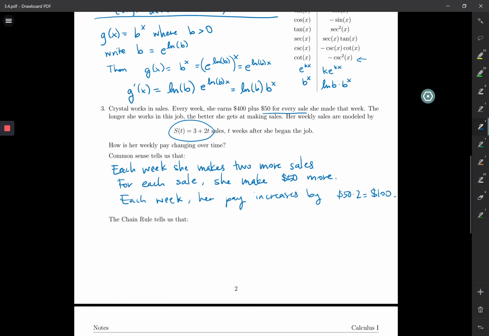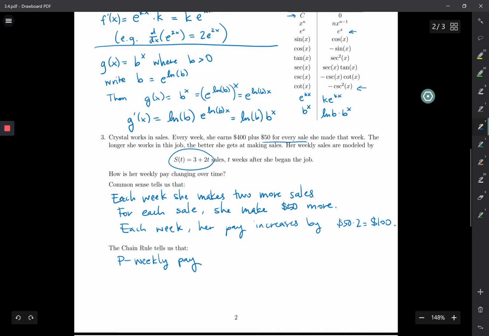Okay, so we can also interpret this using the chain rule that we just learned. So if we were to say that her weekly pay is P, right? We could write down the formula because we are told exactly what it would be right here, but we actually don't need that. We just need to know how it's changing, right?